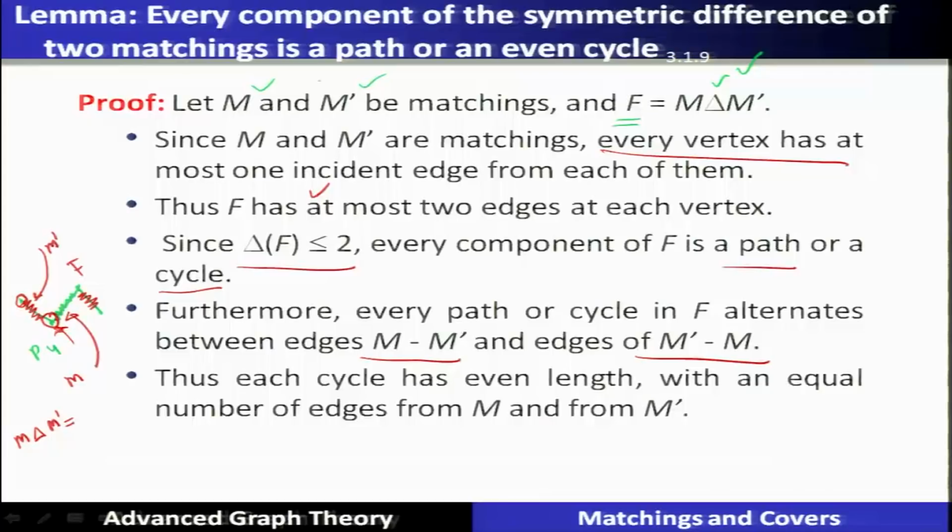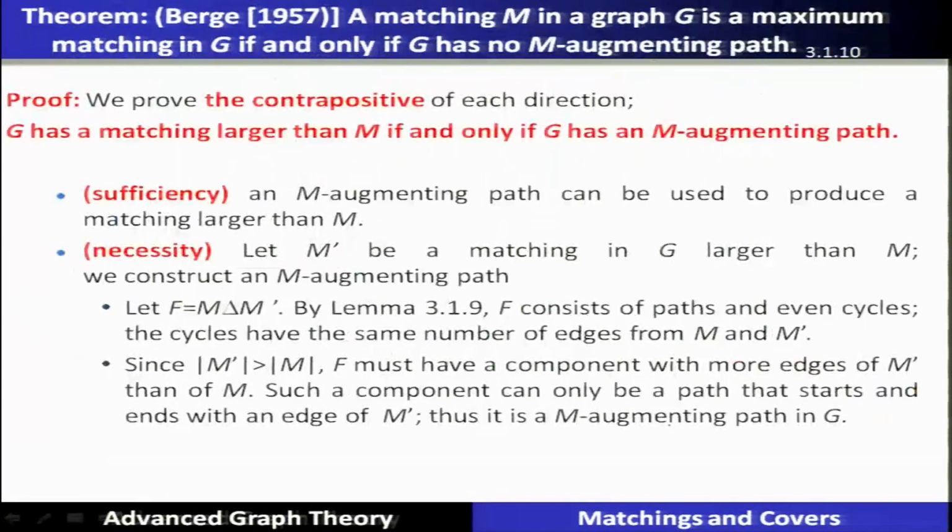So, we have seen that it is either a path or an even cycle. If it is a cycle, then it is even, because the edges have to be equal in number from M and M prime. Hence it is proved.